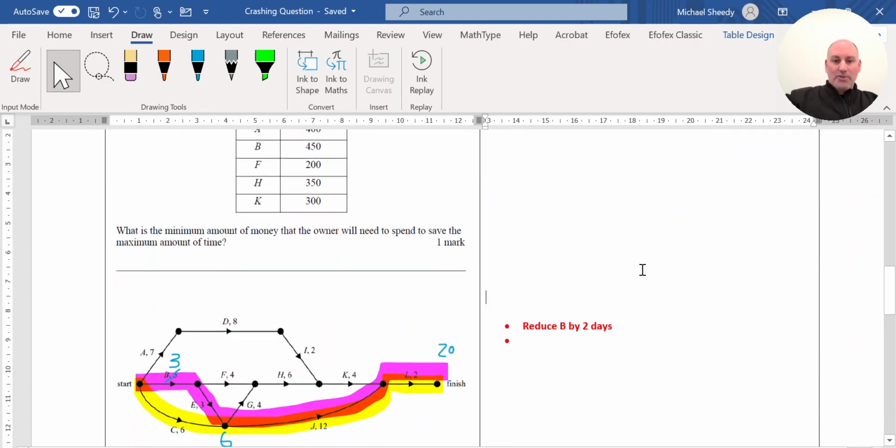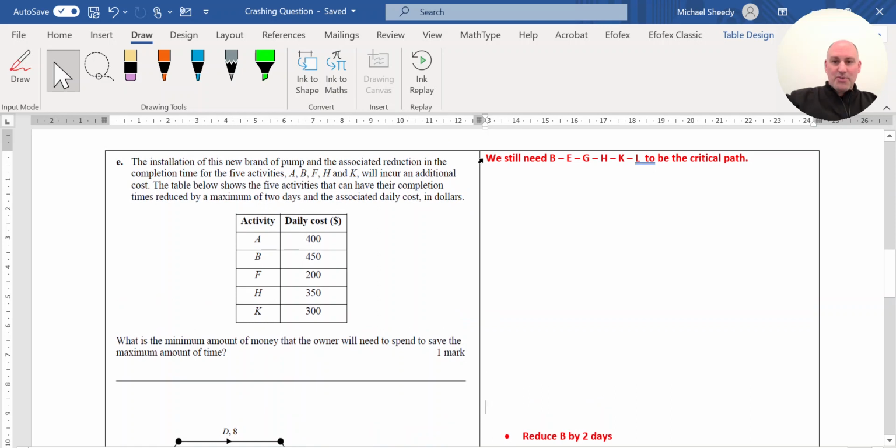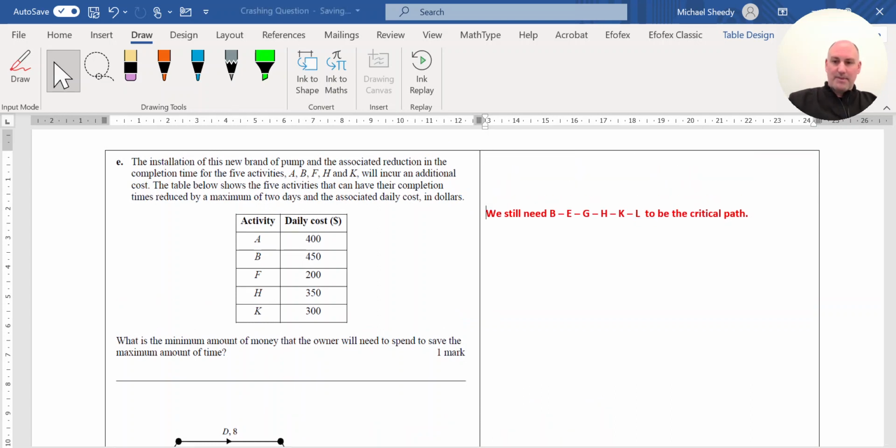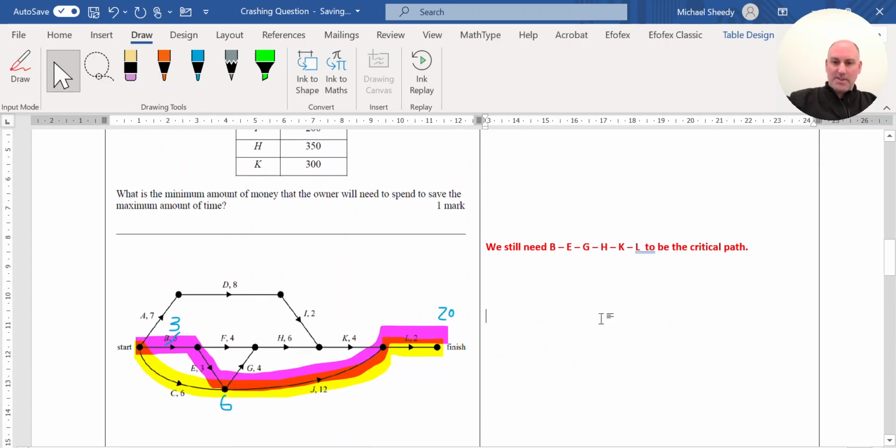So now we need to concentrate on the original critical path. We need to keep in mind we still want B, E, G, H, K, L to be the critical path, and it's currently not.